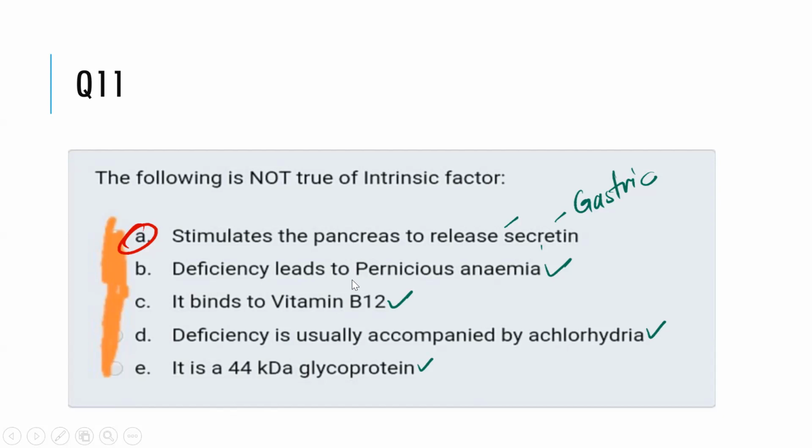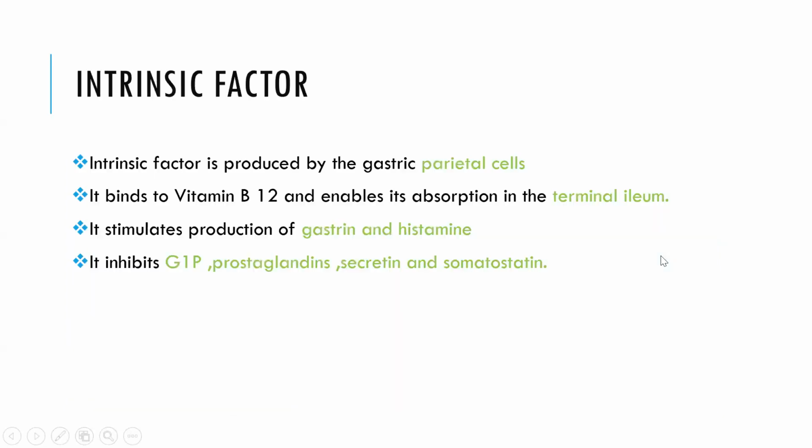Then deficiency leads to pernicious anemia. That's true. For A, it stimulates the pancreas to release secretin. So that's not true. It actually inhibits secretin, and it stimulates production of gastric acid. Of importance to note is that intrinsic factor is produced in the gastric parietal cells.